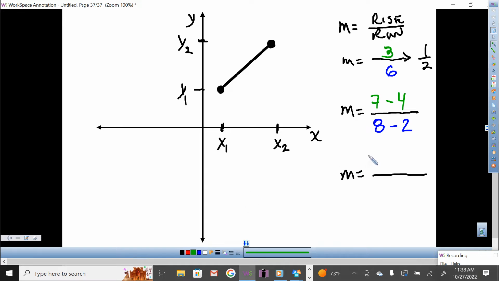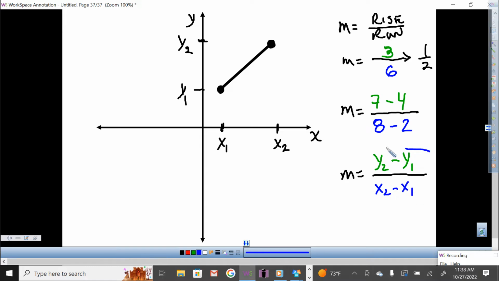All right, Valenta, go. What do I write? Y sub 2 minus y sub 1. Hands if you agree with that. Which means on the run, what would I write? Yeah.